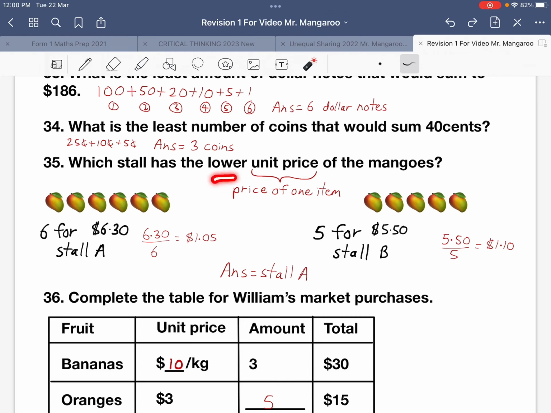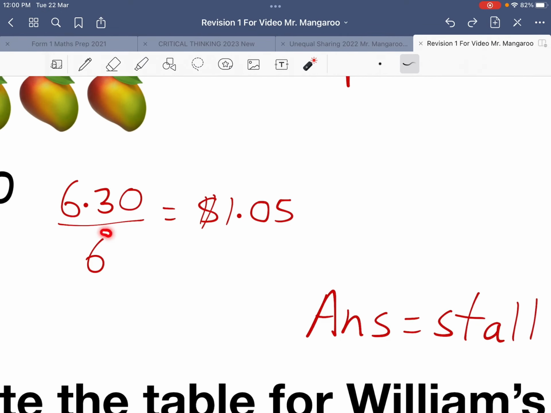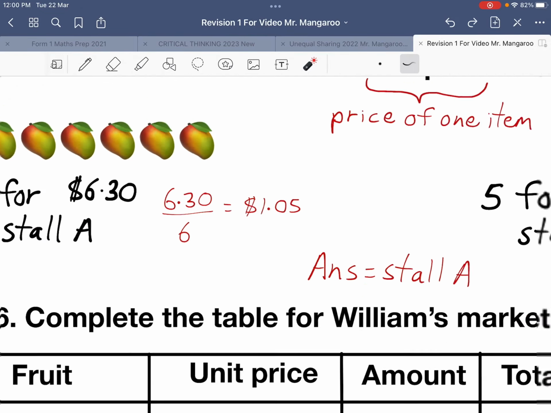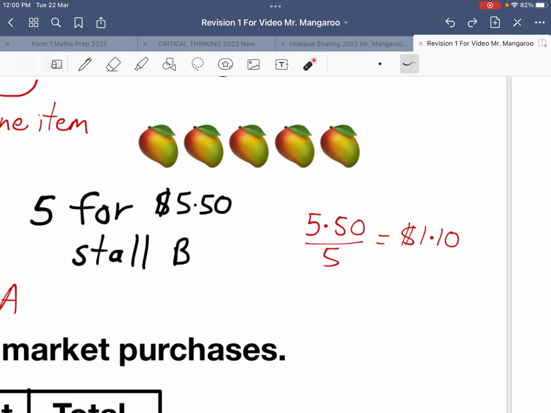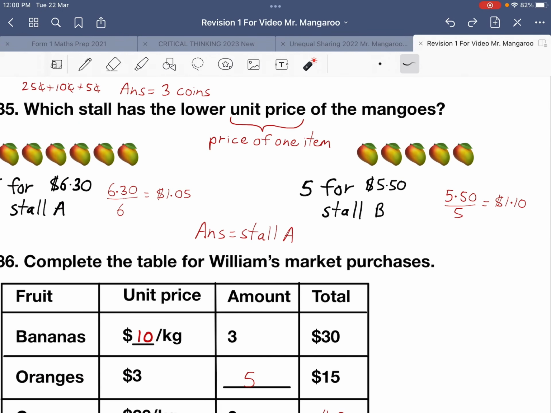So the lower unit price, meaning the price of one item. So here we have 6 mangoes for $6, so we divide and we'll get $1.05 at stall A. And then here we have 5 mangoes for $5.50, so we divide and we get $1.10. So stall B is cheaper by 5 cents.